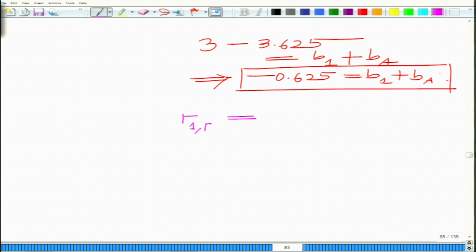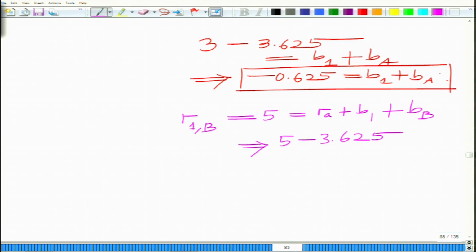So 5 is RA plus B1, the bias of user 1, plus the bias of movie B, which implies 5 minus 3.625 equals B1 plus BB, which implies 1.375 equals B1 plus BB.